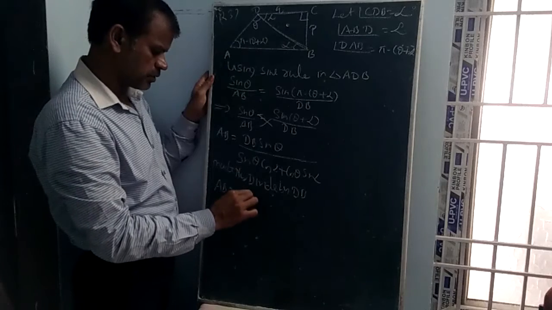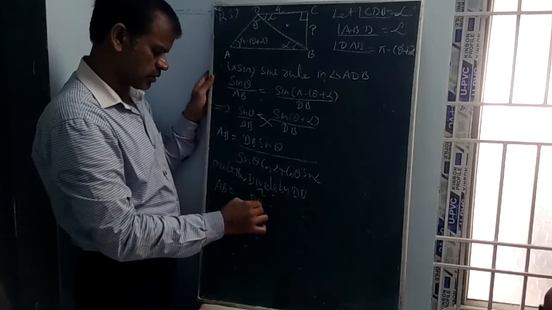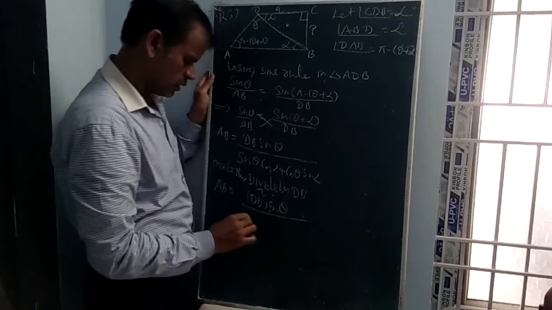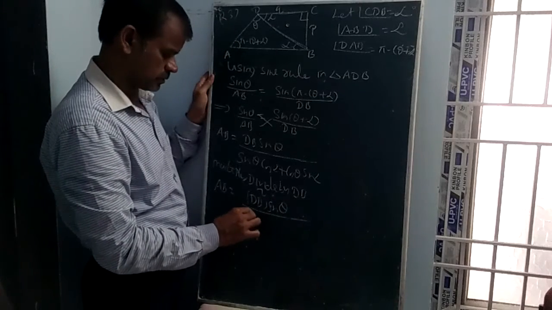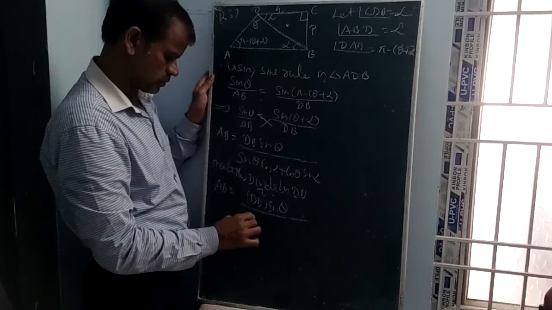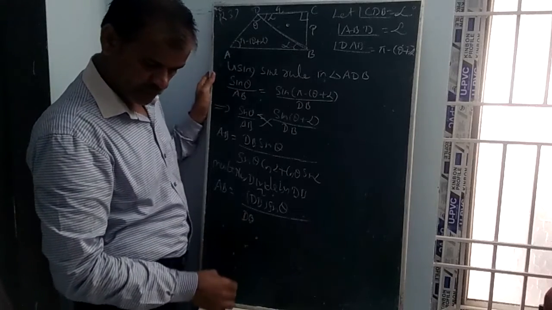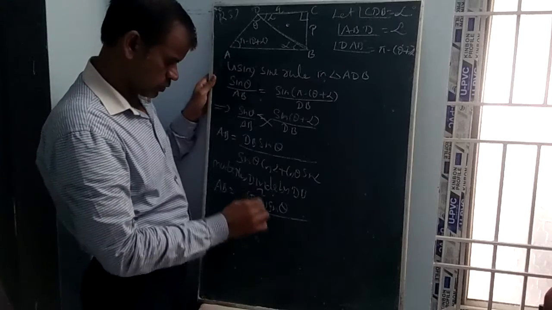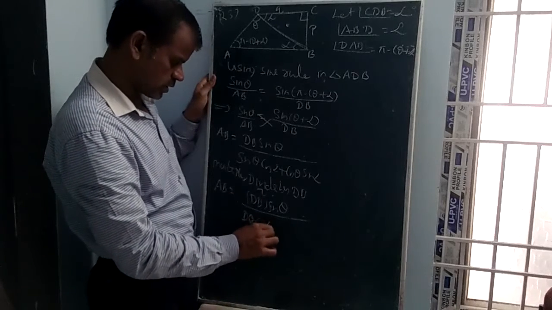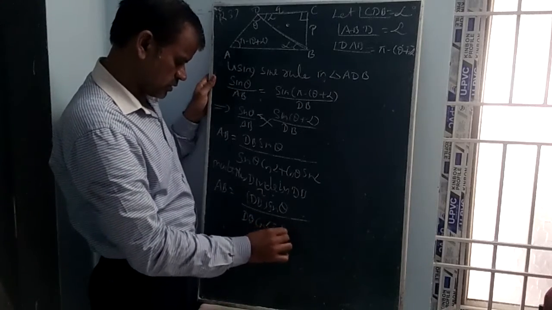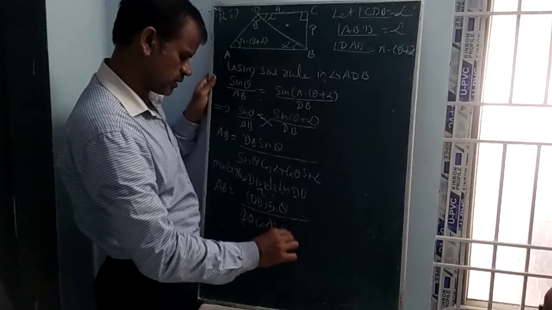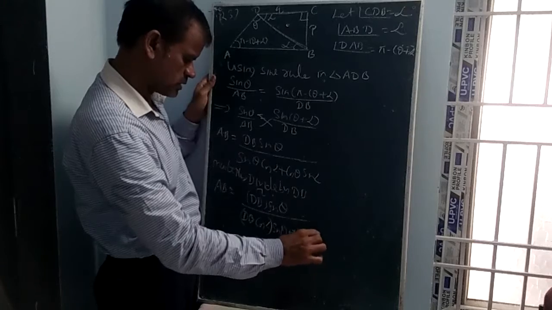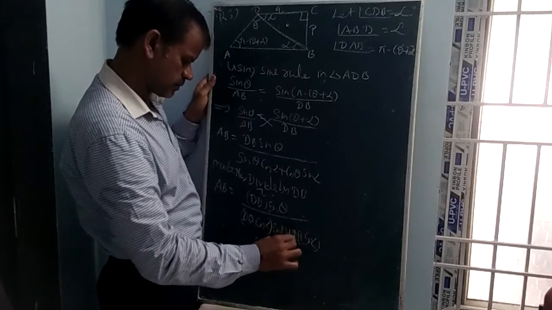Now AB is equal to DB square into sine theta whole by DB sine theta. See the options, every option is given in terms of theta. So write like this: DB cos alpha sine theta plus DB sin alpha cos theta.